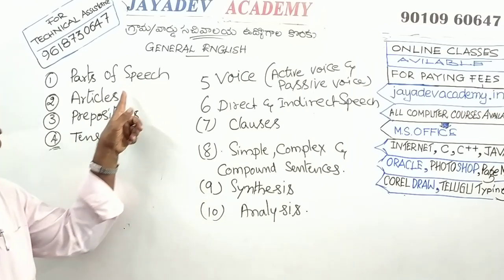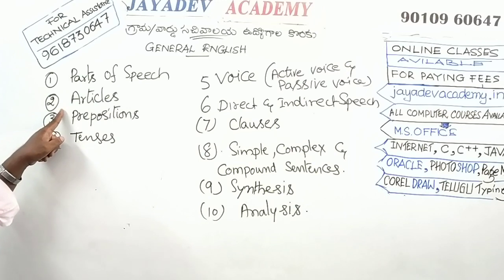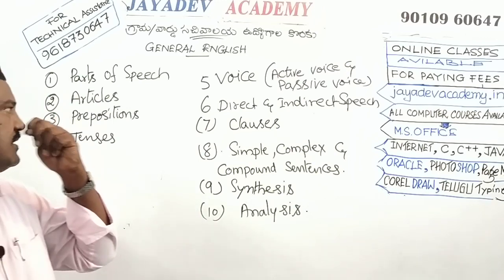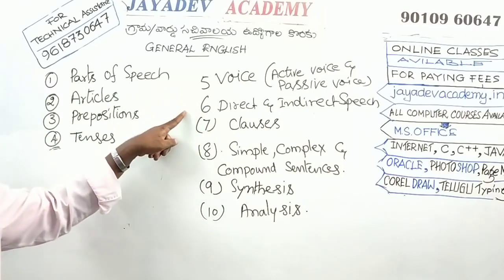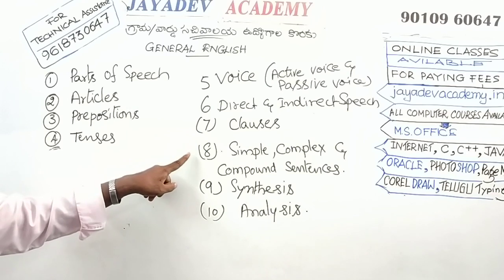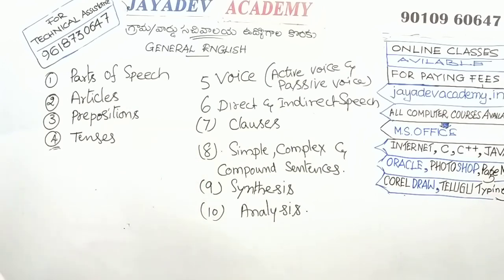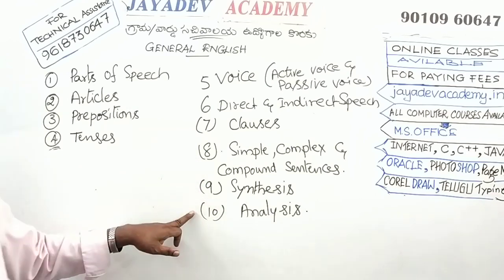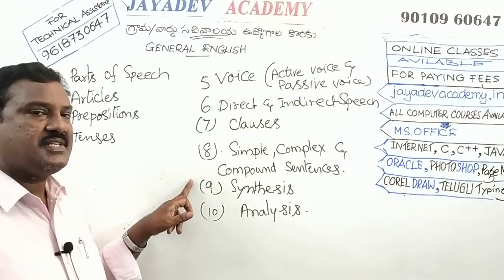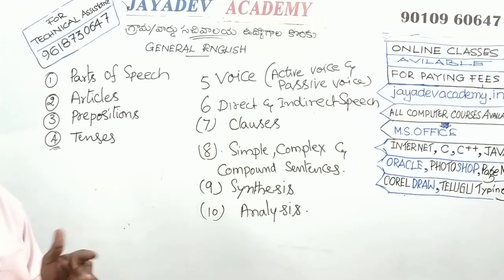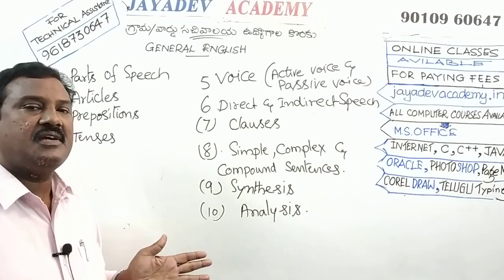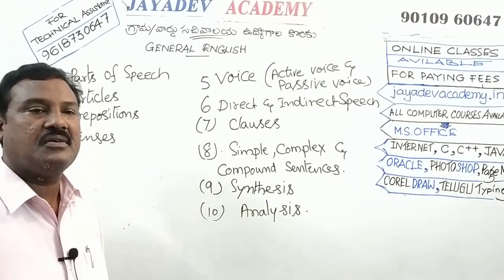First one is parts of speech, second one is articles, third one is prepositions, fourth one tenses, fifth one voice, sixth one direct and indirect speech, seventh one clauses, eighth one simple, complex, compound sentences, and the last two topics are synthesis and analysis. Synthesis means joining two sentences as one sentence, and analysis means dividing one sentence into different classes.